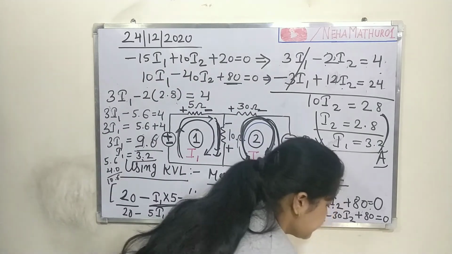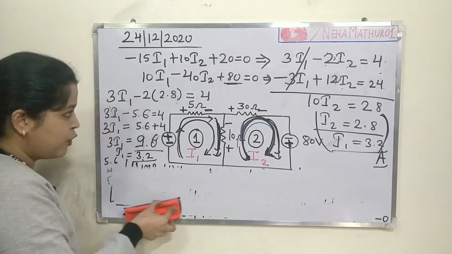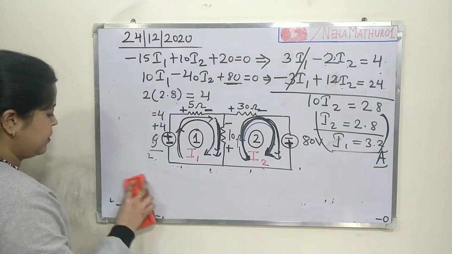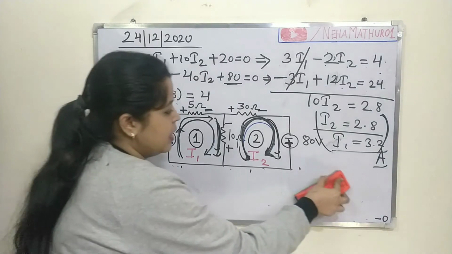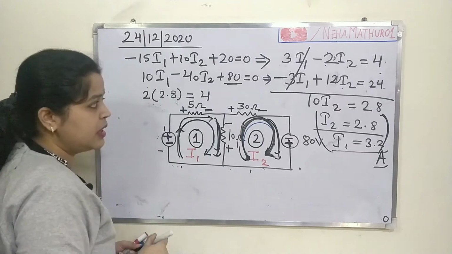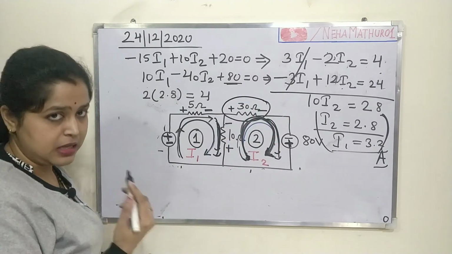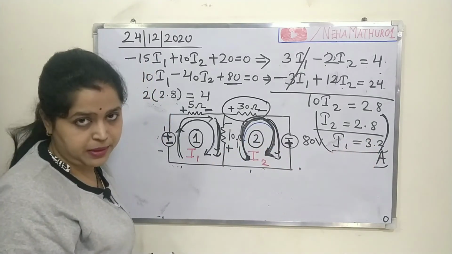For example, if the examiner asks what will be the current across the 30 ohm resistor, the answer is simple: I2 current, and the value of I2 is 2.8 ampere.